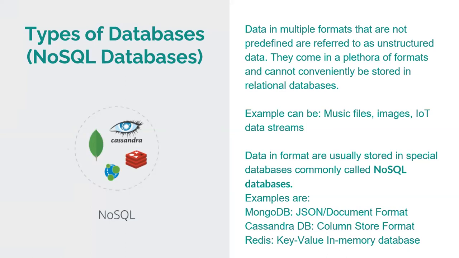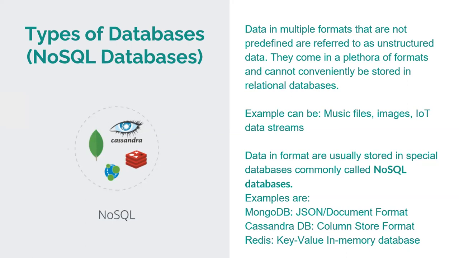This in-memory database, can you elaborate more on it? I do not really understand. Okay, when we talk about in-memory databases, data is majorly stored on a disk, and retrieving data from a disk is not fast compared to retrieving data from memory.